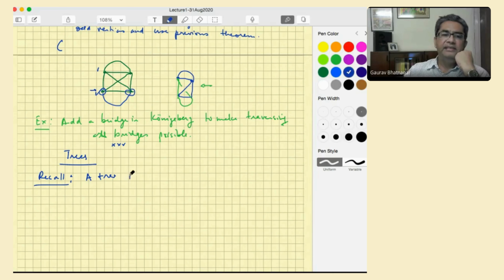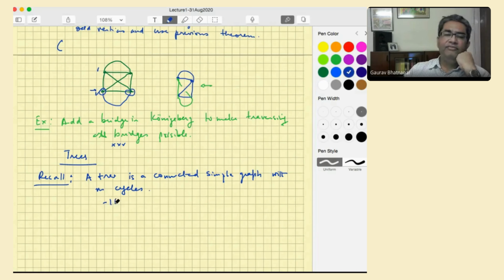A tree is a connected, simple graph with no circuits, cycles or circuits.